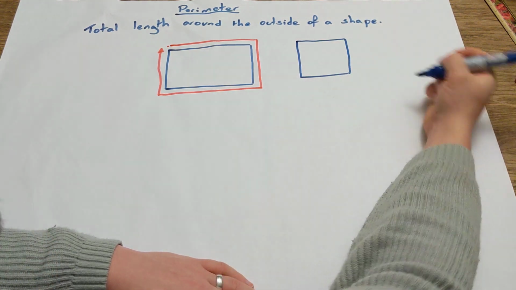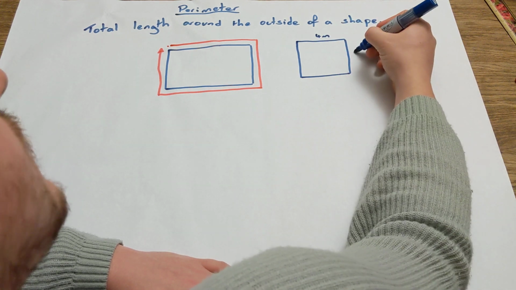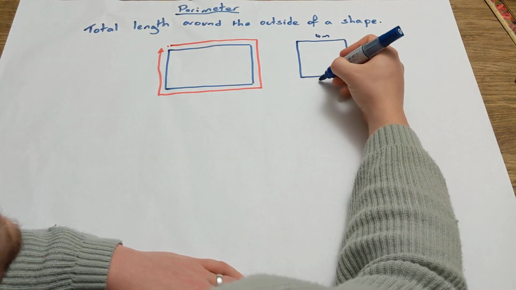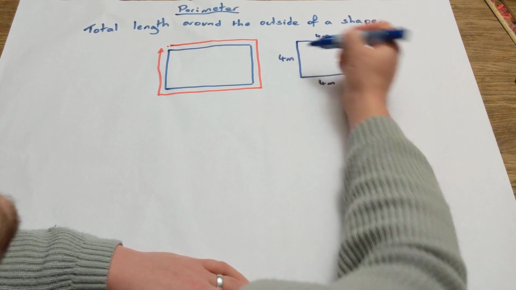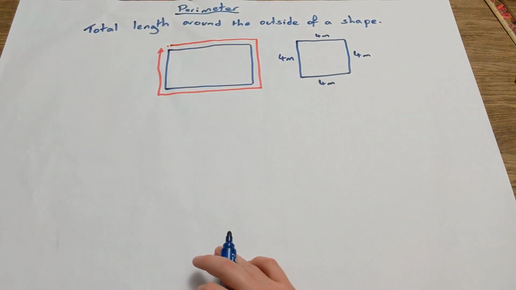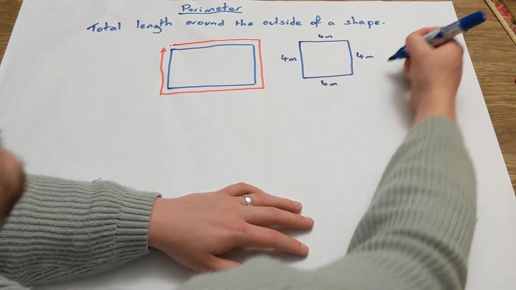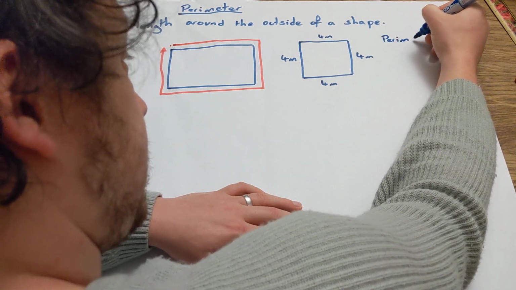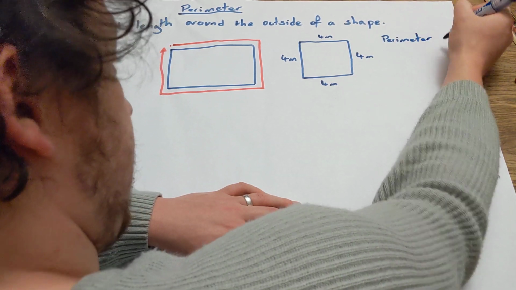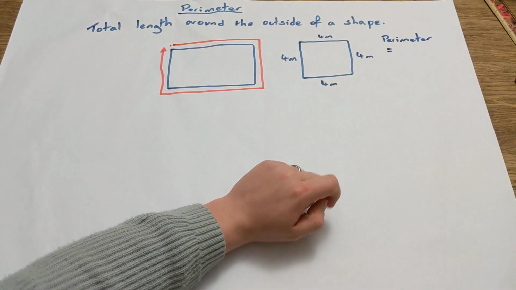and what I'm going to say is this side is 4 meters, this side is 4 meters, this side is 4 meters, and this side is 4 meters, okay? So the perimeter of that shape, that's going to equal each of these sides added together, okay?